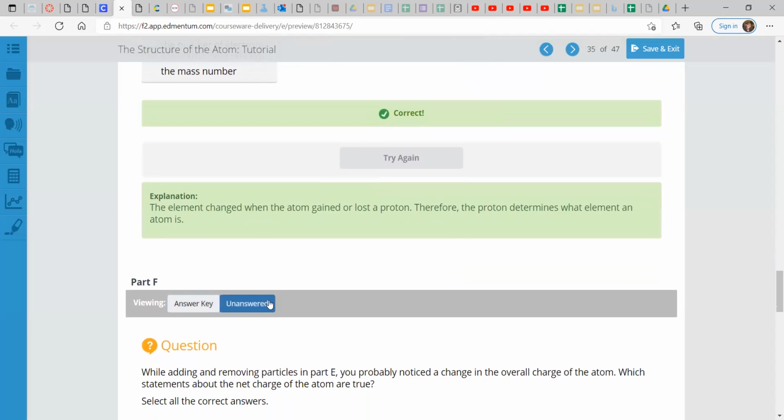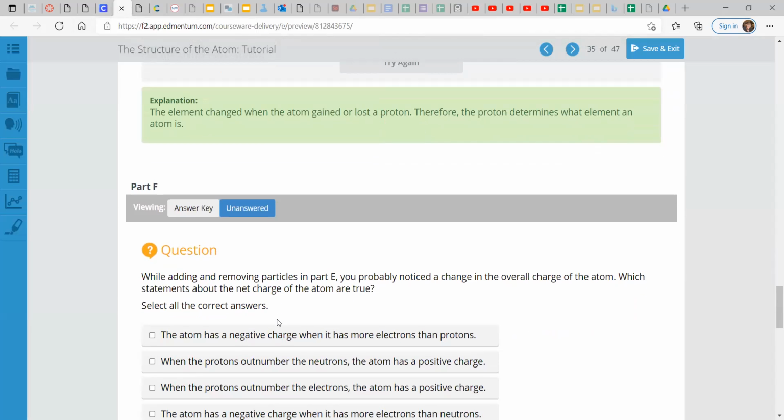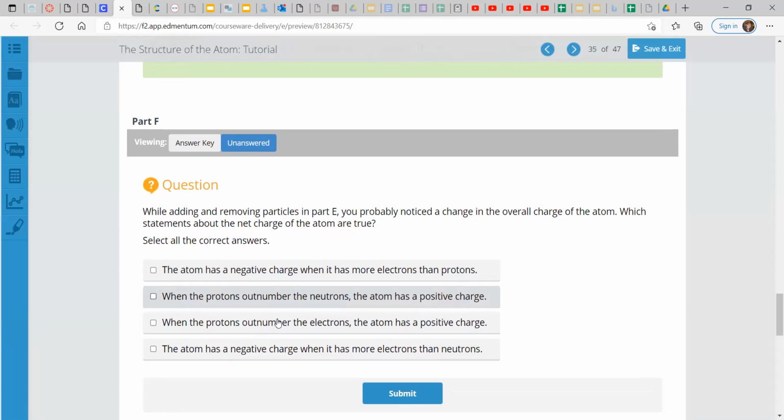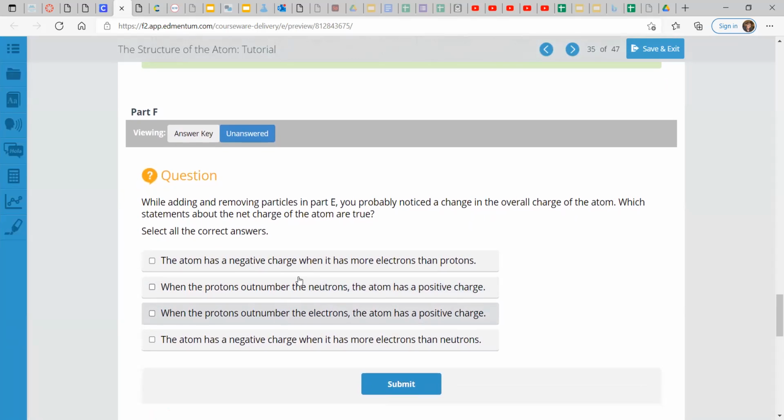And then part F. While adding and removing particles in part E, you probably noticed a change in the overall charge of the atom. Which statements about the net charge of the atom are true? Select all the correct answers. The atom has a negative charge when it has more electrons. True. When the protons outnumber the neutrons?